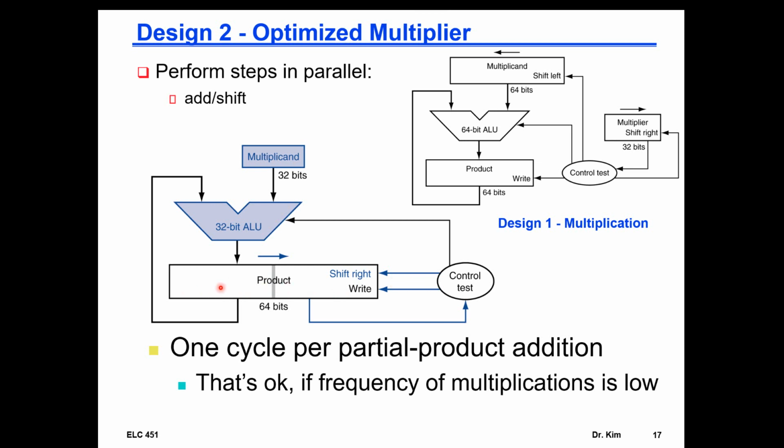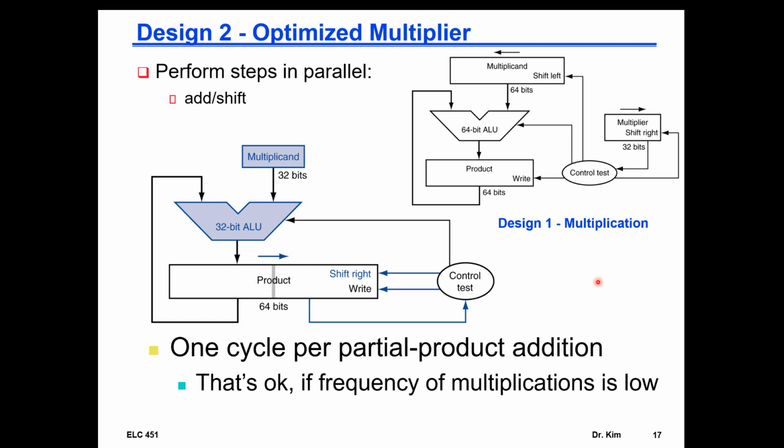We have to shift right because we pre-shifted by adding into the upper 32 bits. It's like we pre-shifted 32 times the product. So we have to correct that. So we shift right, the whole thing. But remember that here we have the multiplier. So now we look at the next bit and we do the same thing.